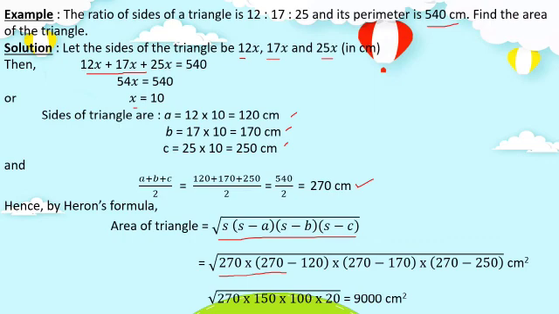That is equal to square root of 270 into 150 into 100 into 20. You can find out the square root by prime factorization method or long division method. The area is equal to 9,000 centimeter square.